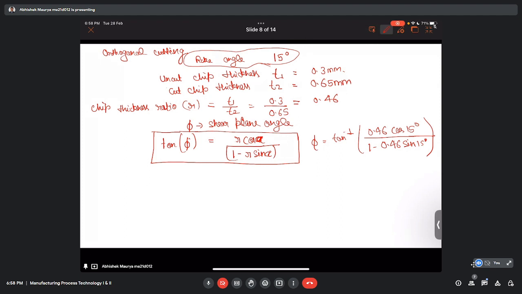If you solve it, you will get phi equals 26.76 degrees. So this is the shear plane angle.